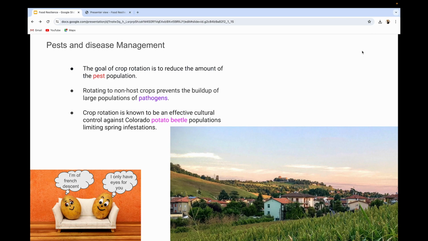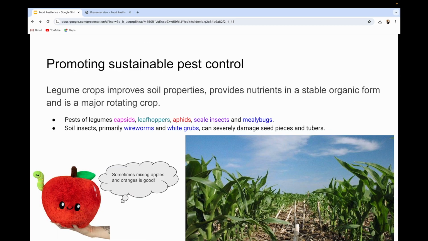And farmers can reduce pest and disease infestation along with reducing the buildup of soil-borne pathogens, which in turn decreases the need for chemical pesticides and herbicides, which promotes sustainability in farming and agricultural resilience. All right, promoting sustainable pest control.